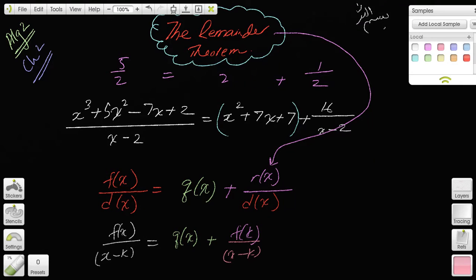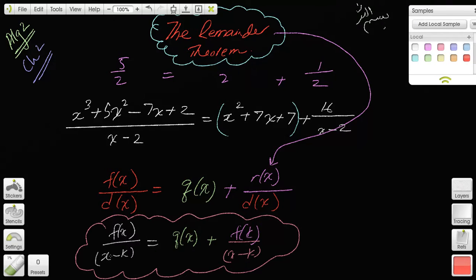That sounds very fancy, right? This is actually the remainder theorem. So what it says is that when a polynomial or a function is divided by a binomial like this, the remainder is going to be f of k.